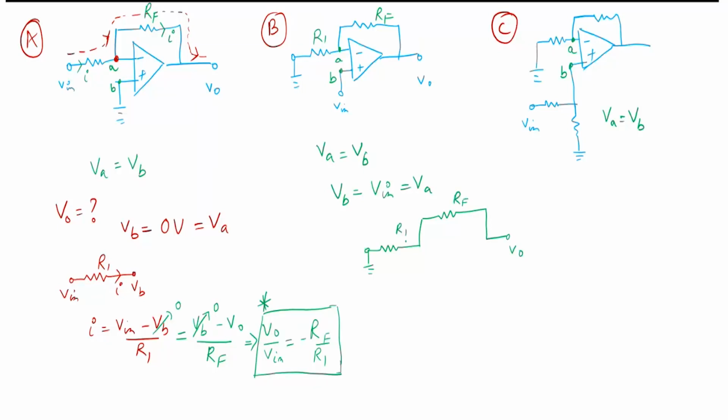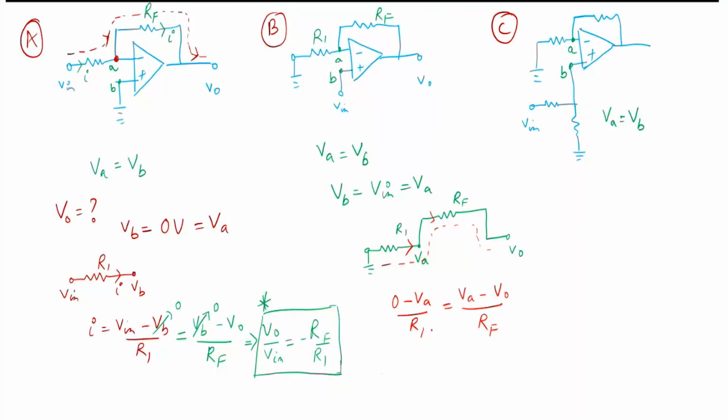Okay, now I will draw the part here. RF, R1, and this is VA. So in this part, if I apply the KVL in this part, the same current will be flowing here, right? See, the current direction can be opposite. I'm just assuming that it is flowing in this part. So from this, let me write the equation. 0 minus VA by R1 is equal to VA minus V naught by RF.